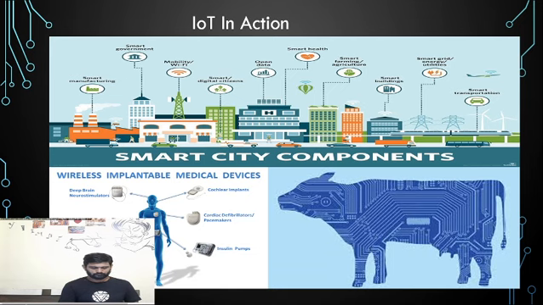So I have classified IoT in three styles. One is industry IoT, second is human IoT, and third is IoT for others, that is animals. I have classified here all the industries, in this image, the source is mentioned.